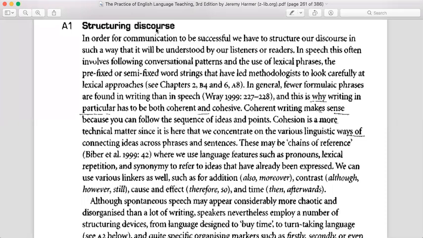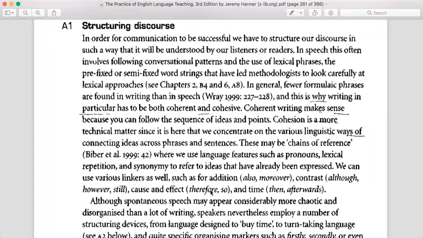Anyway, if you do not know, I'm repeating it. Cohesion refers to linking of grammatical items, that is, how you structure the sentences. And coherence refers to linking of ideas so that your writing is not haphazard.